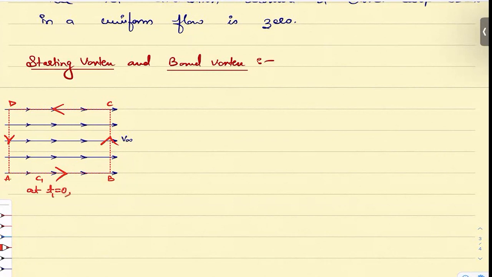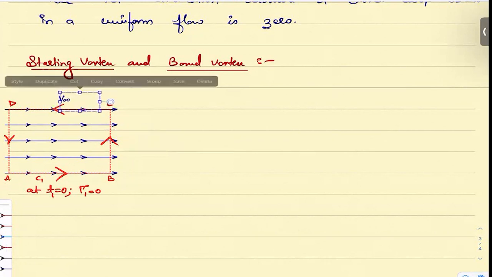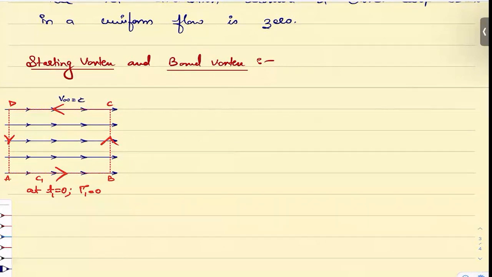At t1 equal to 0, gamma 1 is 0. Now, I'm going to superimpose this. So this V infinity, I'll put it here, which is constant. So V infinity equal to some constant C. I'm going to superimpose this flow over an airfoil. I'm going to pass this flow over an airfoil.